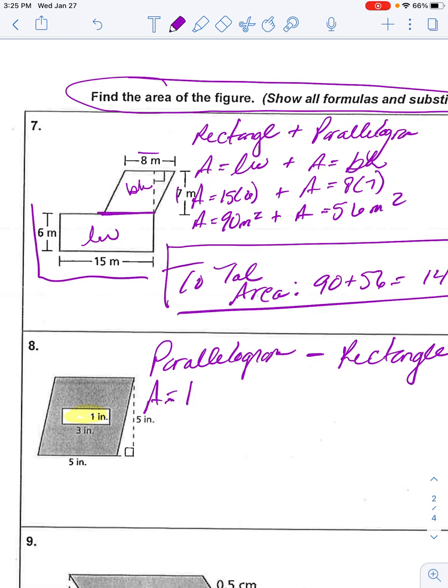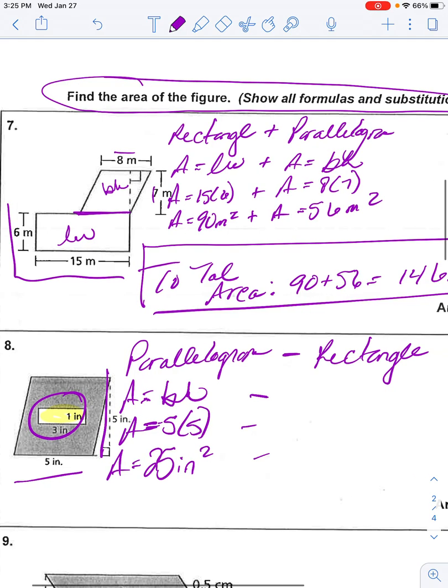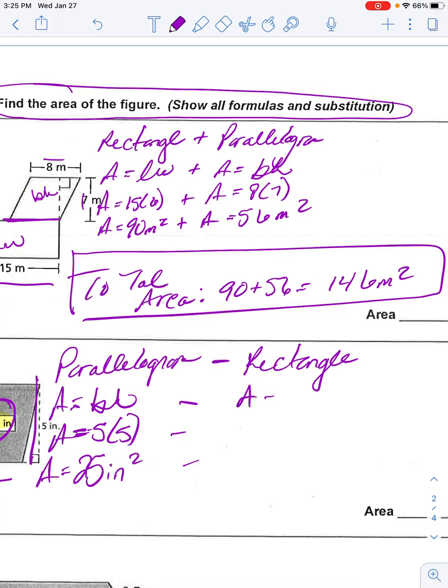Parallelogram is base times height, which is a 5 by 5. If the whole thing was shaded, it would be 25 square inches. It's not. There's a small piece inside there that's not shaded. It's a rectangle and it's a 3 by 1.